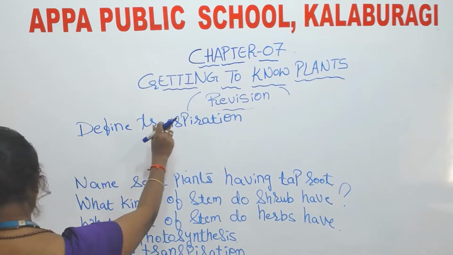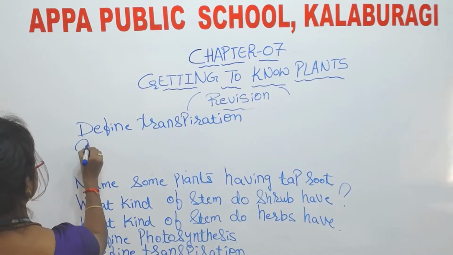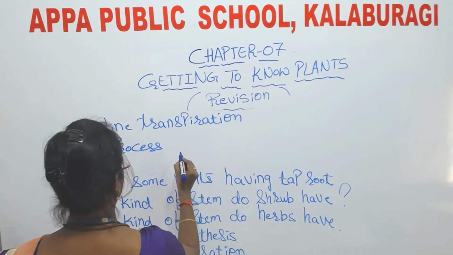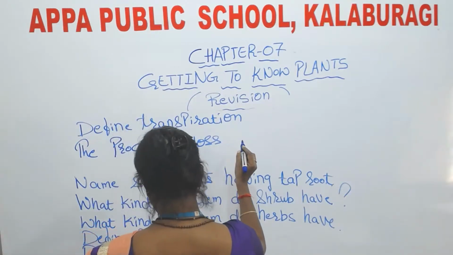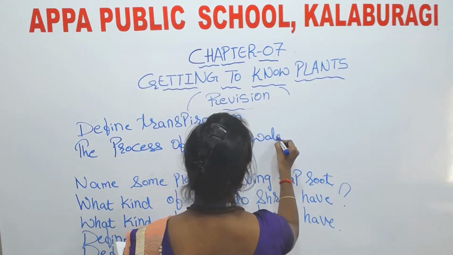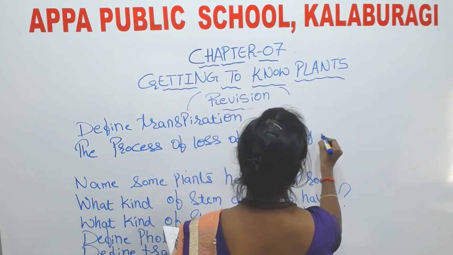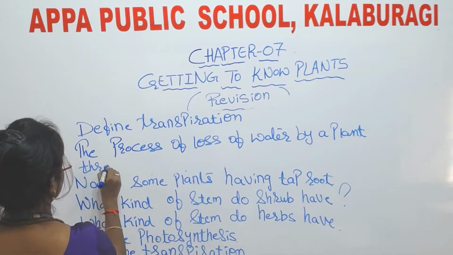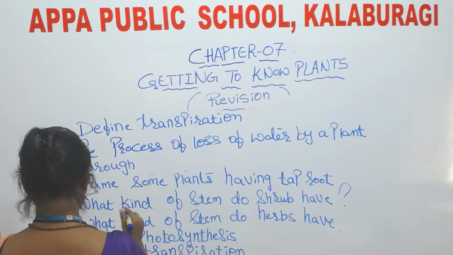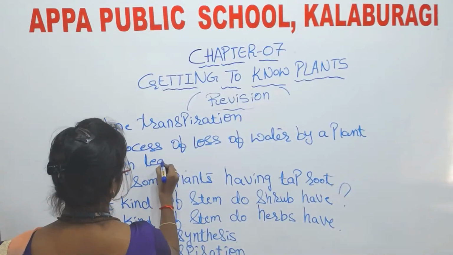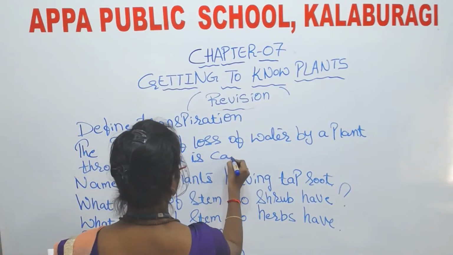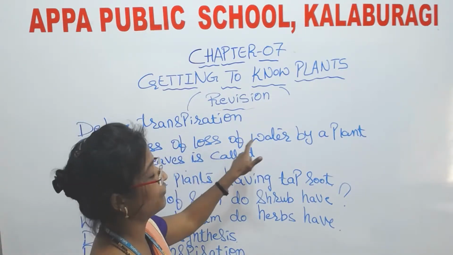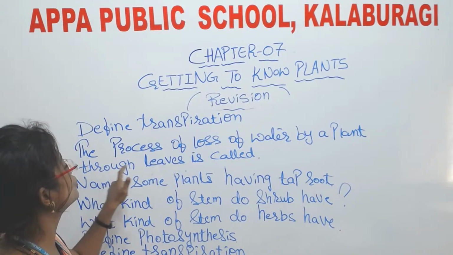So the next question is, the process of loss of water by a plant through leaves is called.